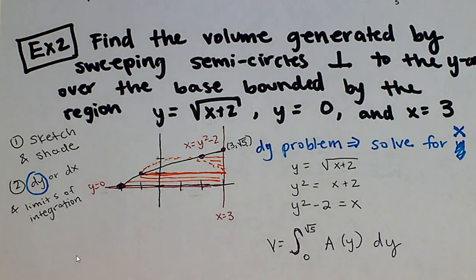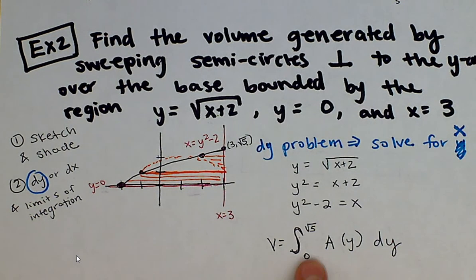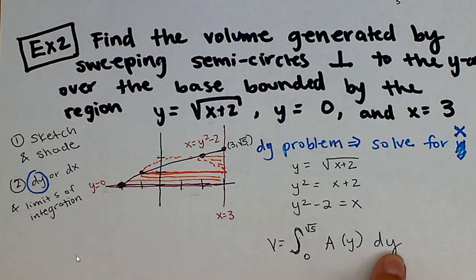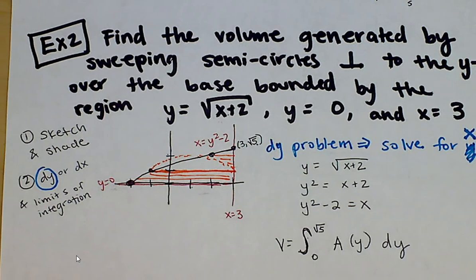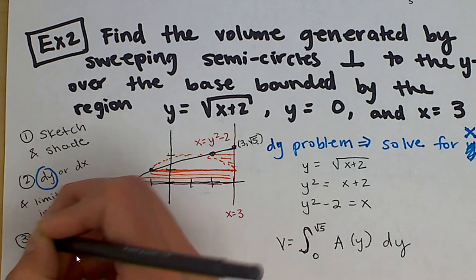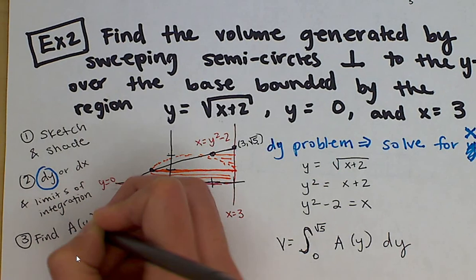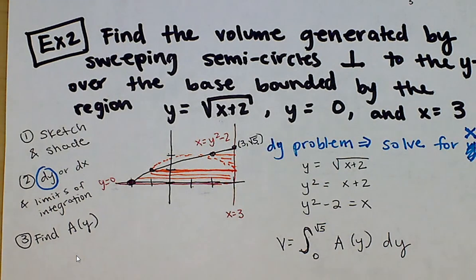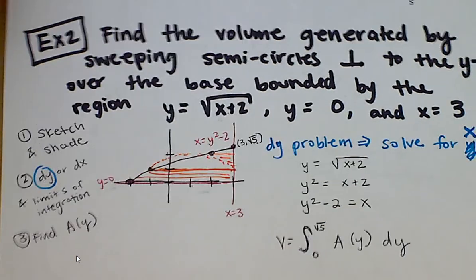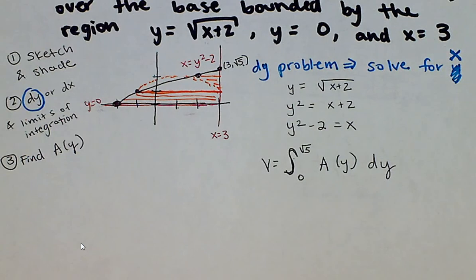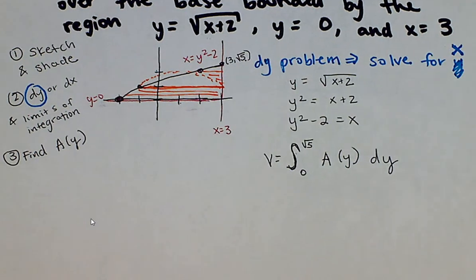This is what I need to solve. So my next step, I have my integration. I need to find my area in terms of y. So this is step 3. Find A of y. So in order to do this, again, I'm just going to draw a little cross section over here in orange.